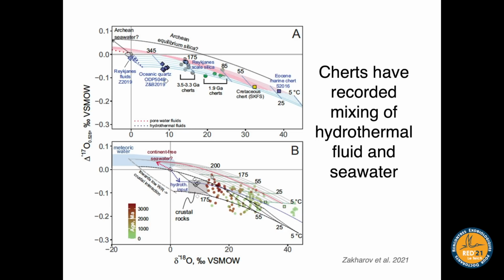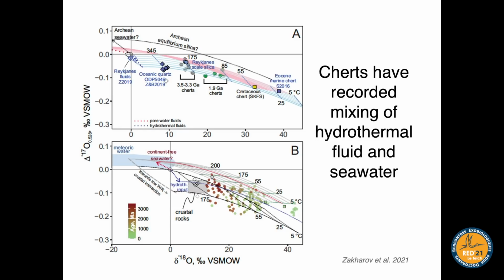On the top diagram, you have these different lines from different hydrothermal fluids. So you have some fluid from a hydrothermal setting in Iceland, from oceanic quartz, and from silica precipitated in different hydrothermal settings. And if we do the same modeling and calculation for the Archean cherts, you have the result on this diagram here.